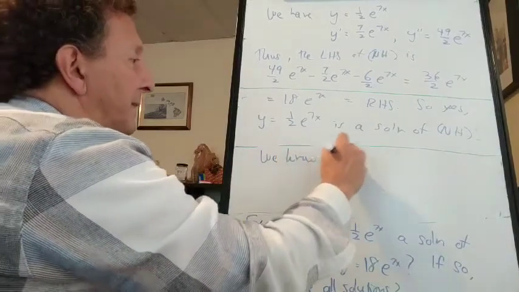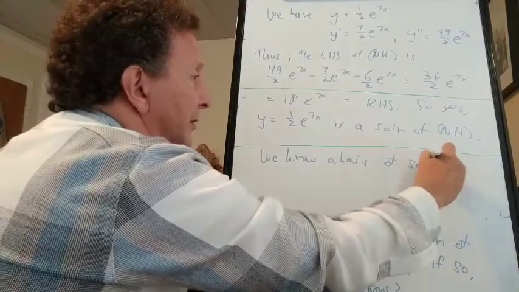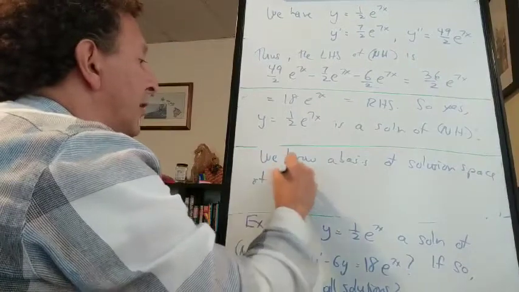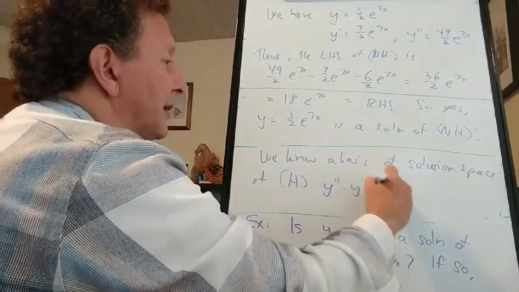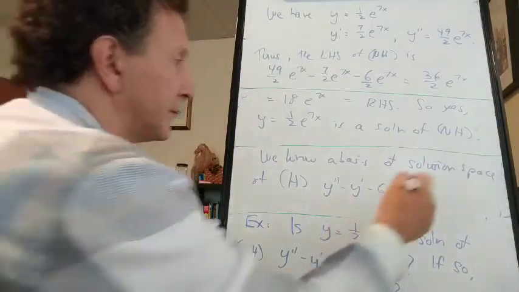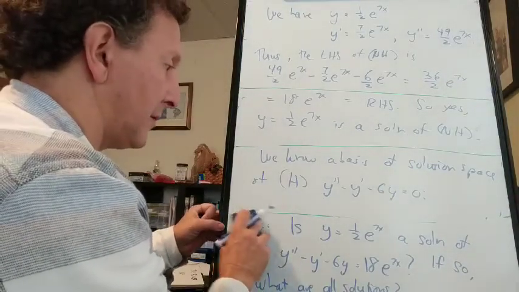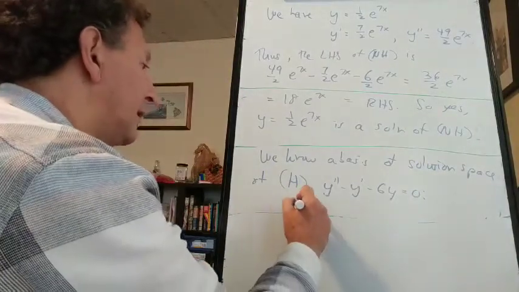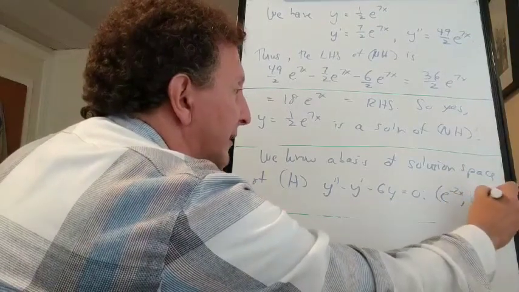Now we know a basis of the solution space of the homogeneous system, y double prime minus y prime minus 6y equals 0, because we looked at that before. And that is e to the negative 2x and e to the 3x.